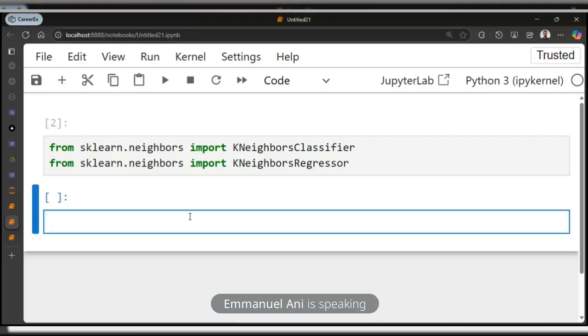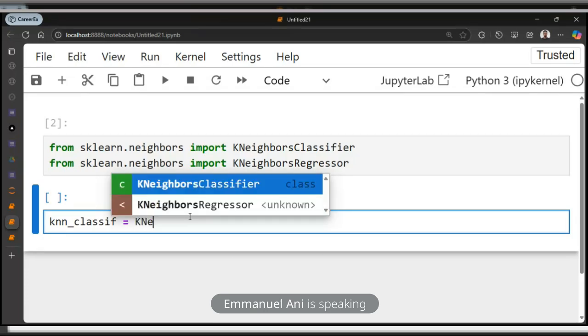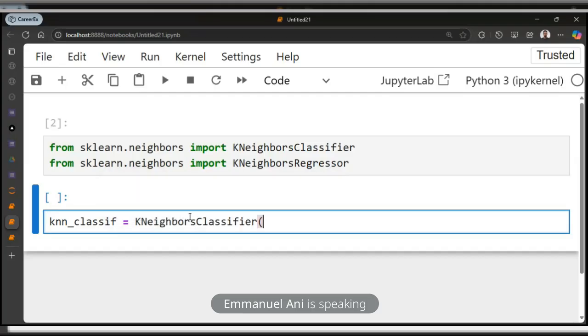So if you want to use your KNN, you can just come here and say KNeighborsClassifier, and by default your n_neighbors is 5. You can change it if you want, but by default the number of neighbors is usually 5.